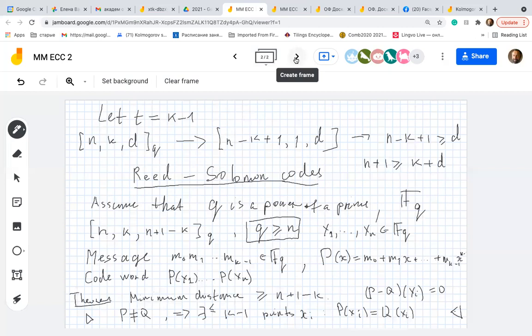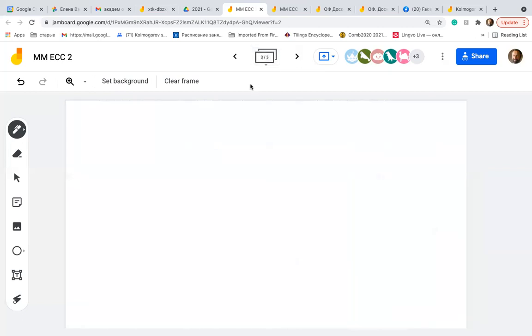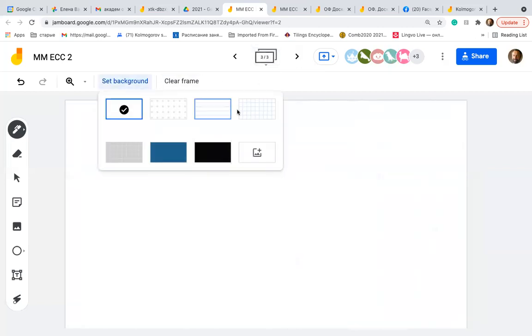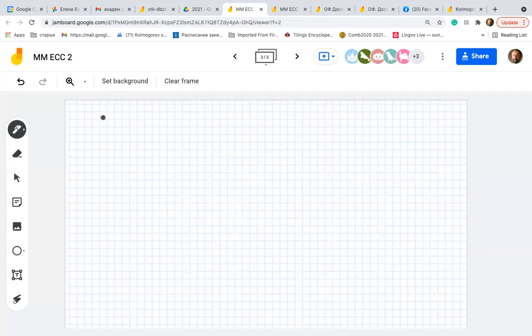So let's consider an example of a Reed-Solomon code so that you get used to these codes. The simplest example, I think, is when the alphabet consists of 3 letters, 0, 1, 2. The block length is also 3.